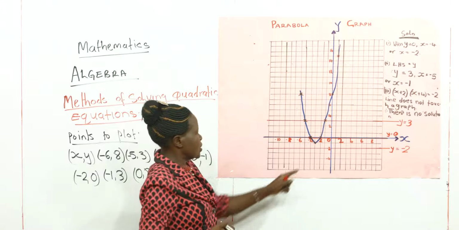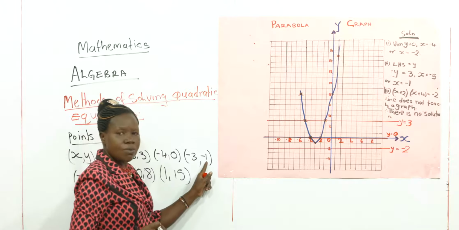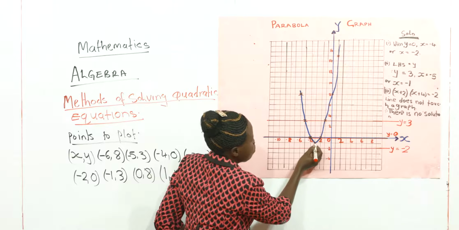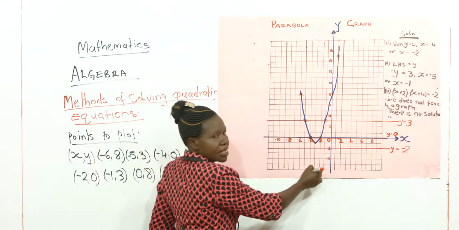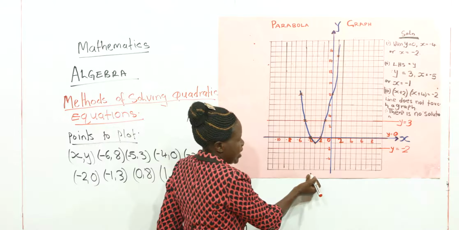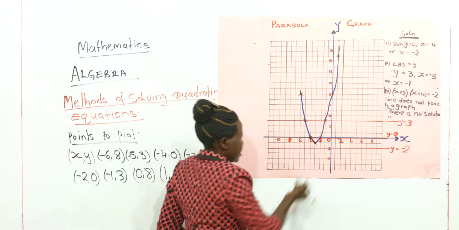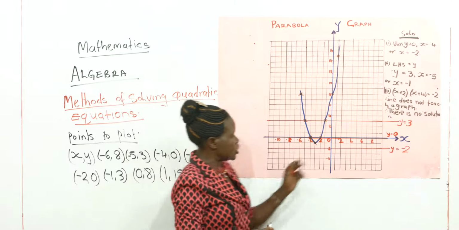And then we shall have the next one, which is negative 3 and negative 1. So negative 3, when we move from negative 2, we have negative 1 here. Then you move downwards on the y-axis to negative 1, which is here. So we plot it there. And then we have negative 2 and 0.